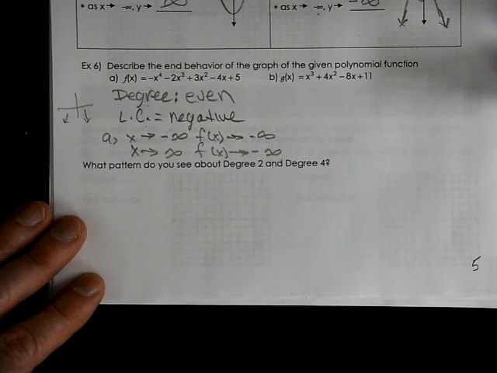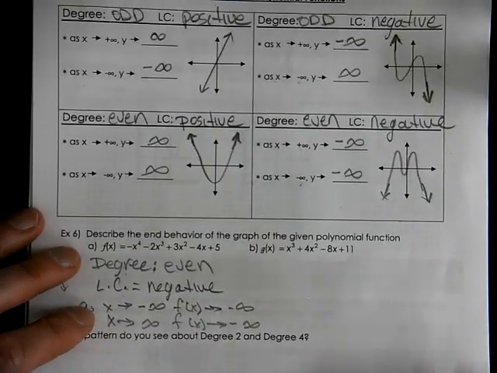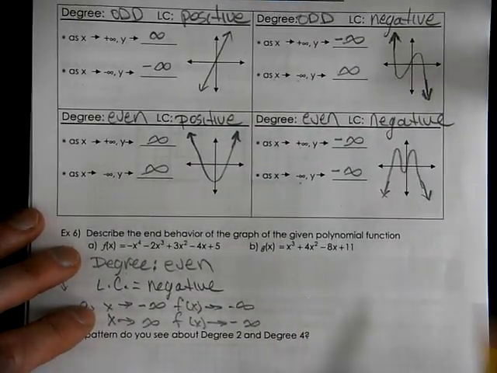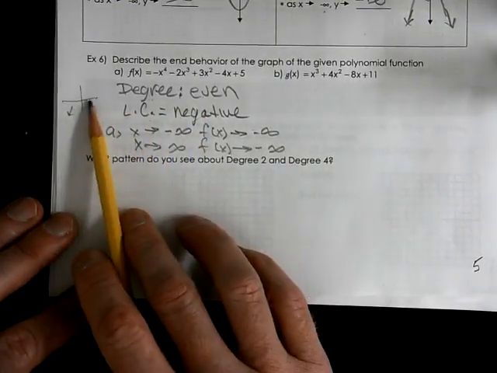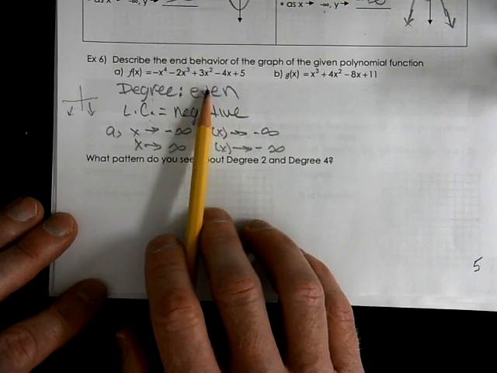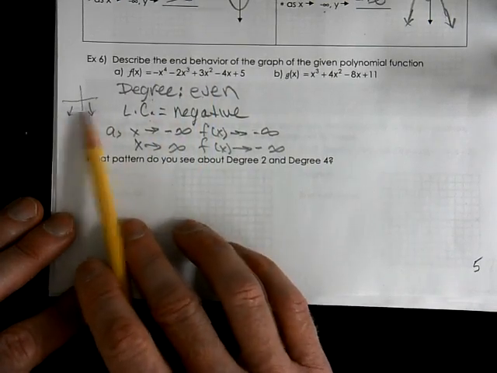What do we think about that? That doable? You can either use the chart, but then you're relying on something to always have to look back at. You can start to use the idea that negative means fall to the right. Even means it has to go in the same direction.